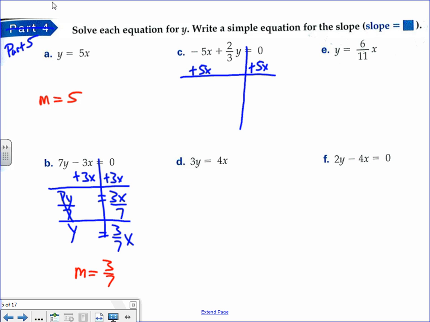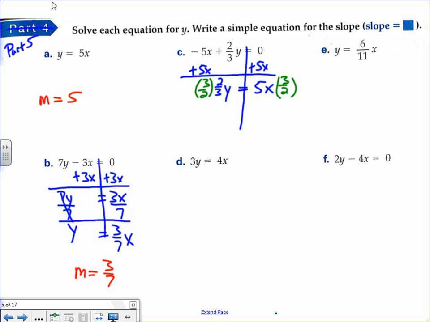So now what I have over here is 2/3 y equals 0 plus 5x, which is 5x. Now in this case, we have a fraction times y. Remember, to undo multiplying by a fraction, we multiply by its reciprocal. So I'm going to multiply both sides by 3/2.